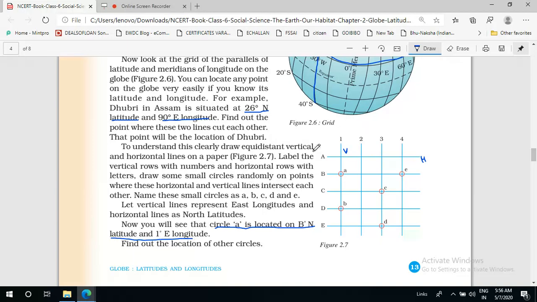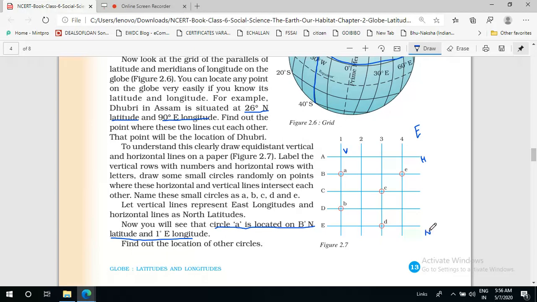So we have considered that these vertical lines, which are representing longitudes, are in the eastern direction. So they are representing east: 1 degree east, 2 degree east, 3 degree east, 4 degree east. These are the eastern longitudes, and these A, B, C, D, and E are on the north side of the earth.